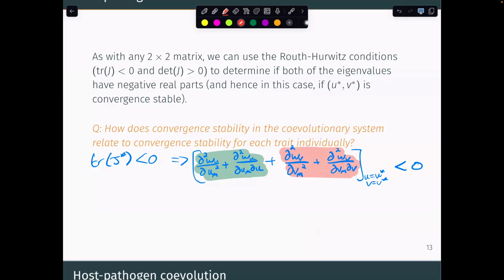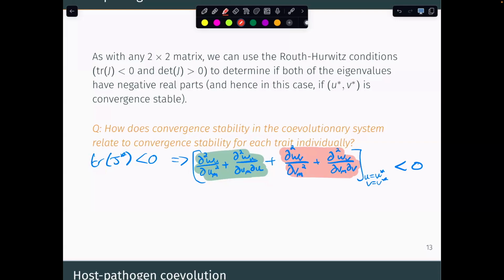In other words, convergent stability of our host trait in one dimension, convergent stability of our pathogen trait in one dimension. Can we conclude anything about the sign of our trace here? If they are both convergent stable, then we can. Yeah, exactly. So this will be negative if they are both convergent stable. Okay, so at least that's one thing.